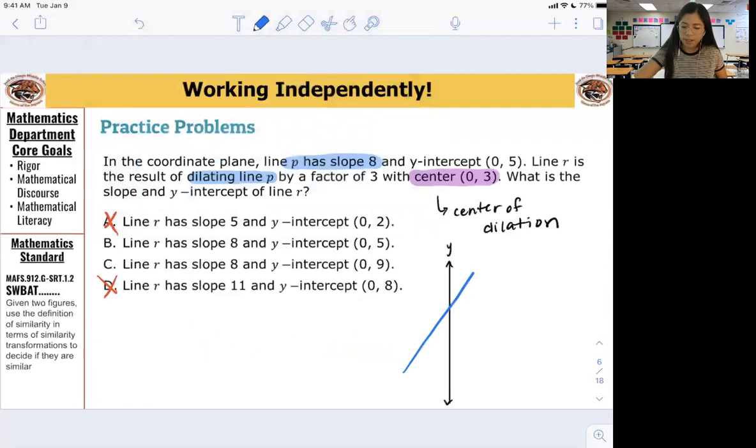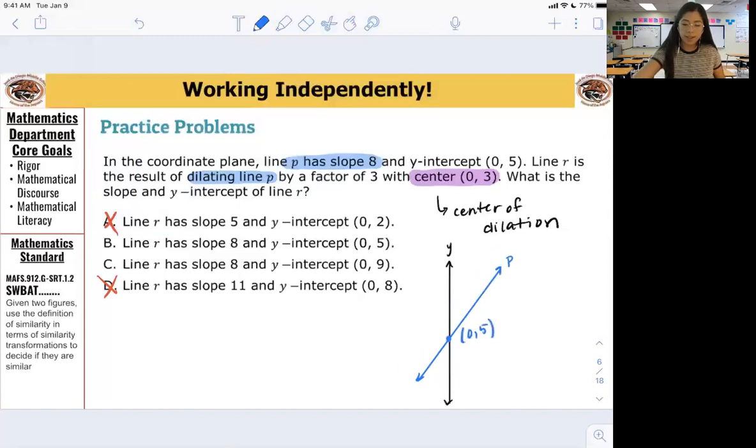But here's one line, call this line P. And we know that it's passing through the y-intercept at (0, 5), right? Actually, I'm going to move P down a little bit just so I have more space. Okay. So they're telling us that the y-intercept is at (0, 5).